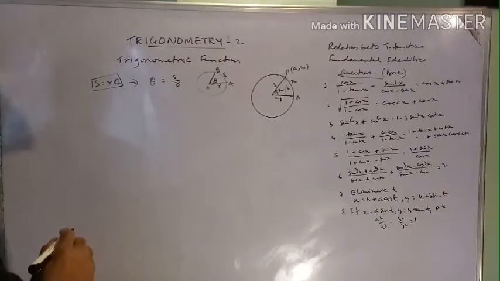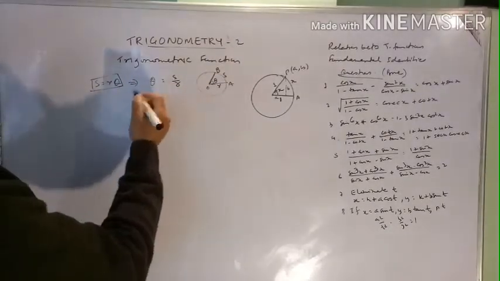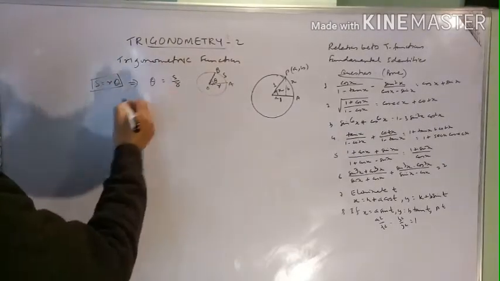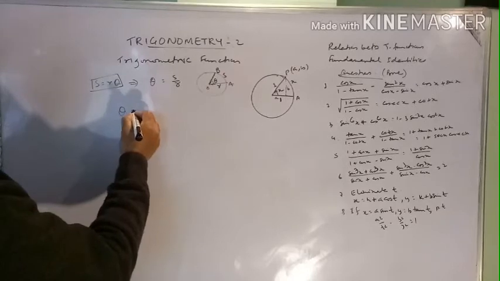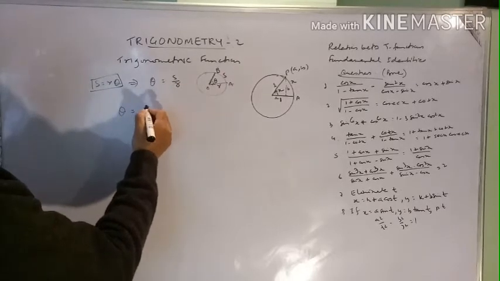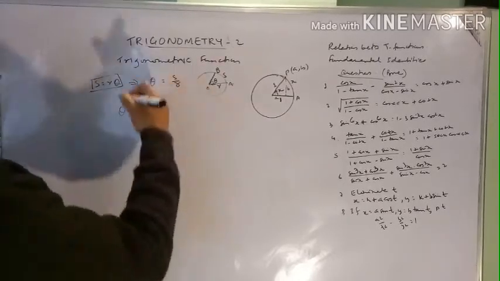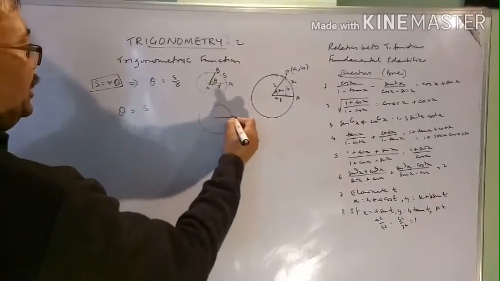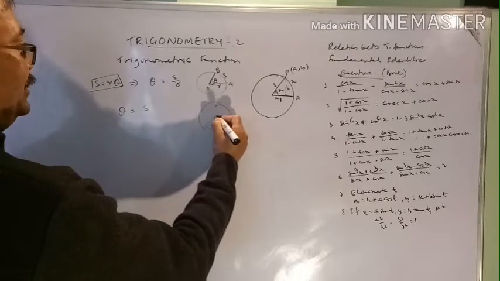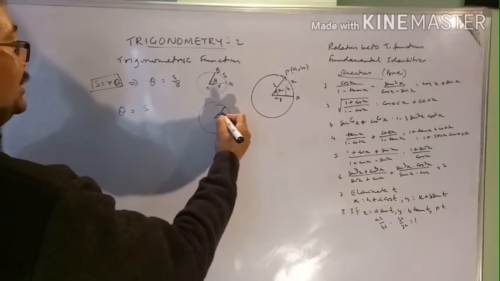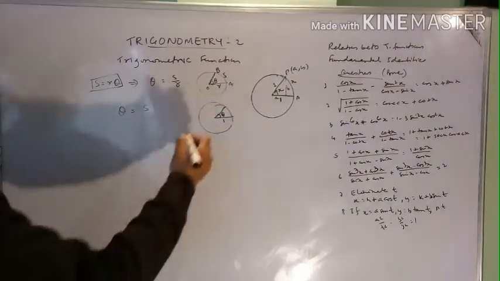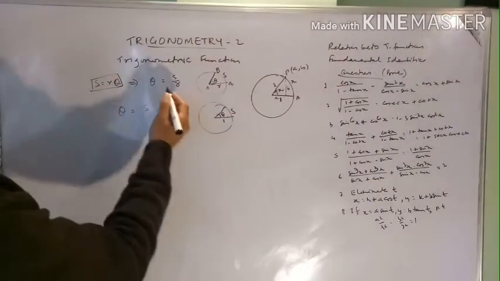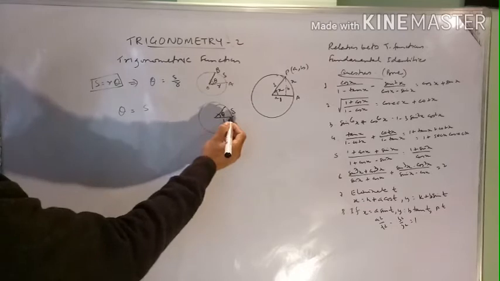Now what you see here is that theta is in radian measure. Theta is equal to S by r. Suppose r equal to 1. Suppose you have a unit circle, and the radius is 1.